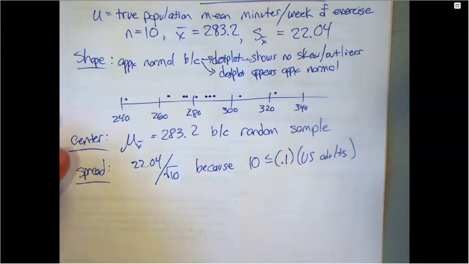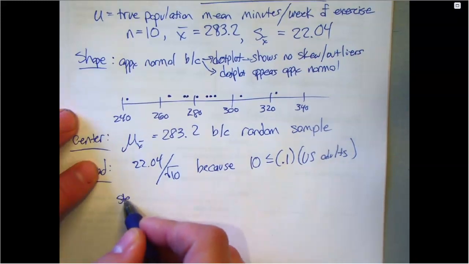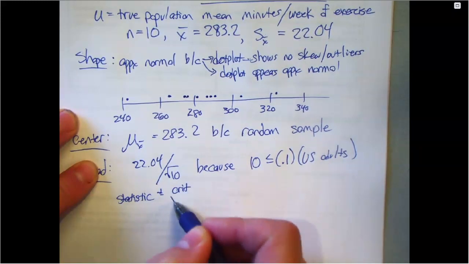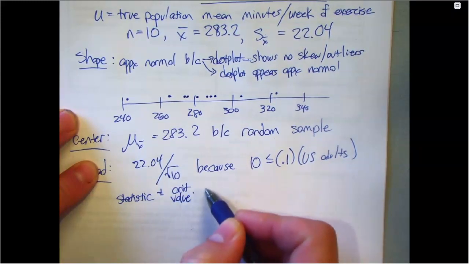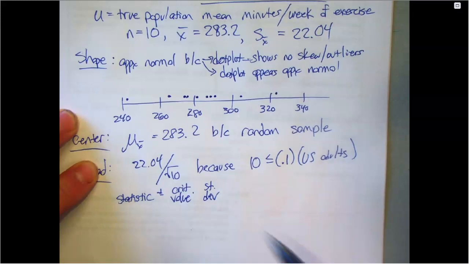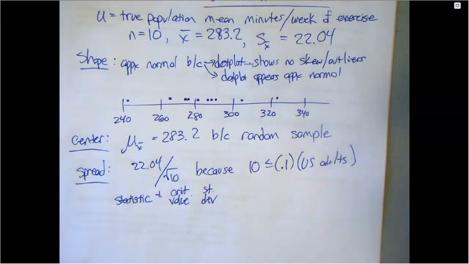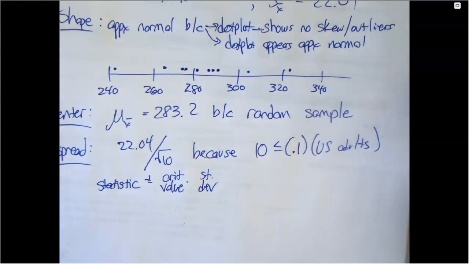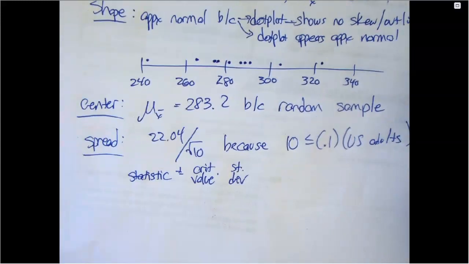Okay. So then I'm going to go statistic. My formula: statistic plus or minus critical value times standard deviation. Remember I'm doing it in words, in symbols, in numbers.